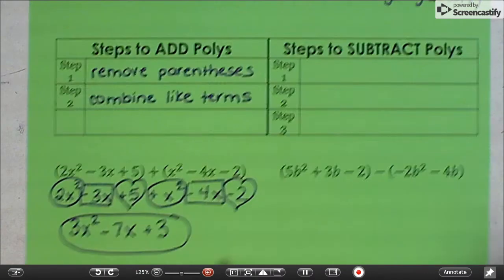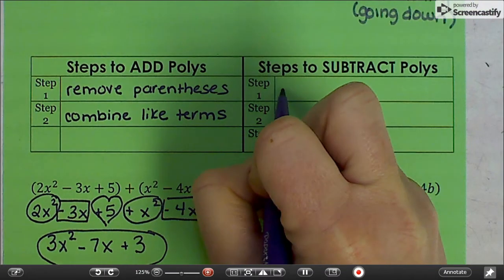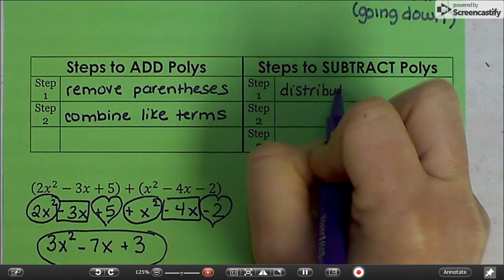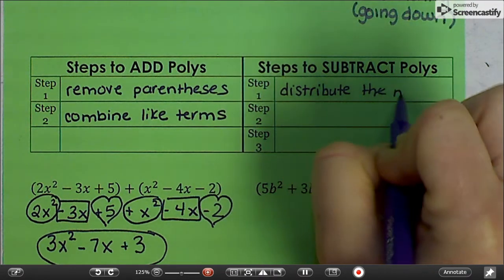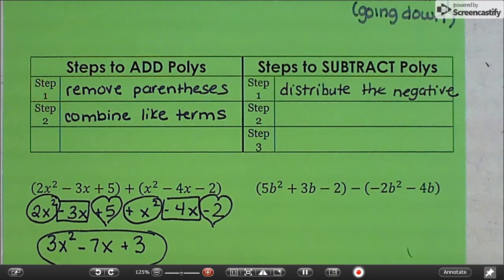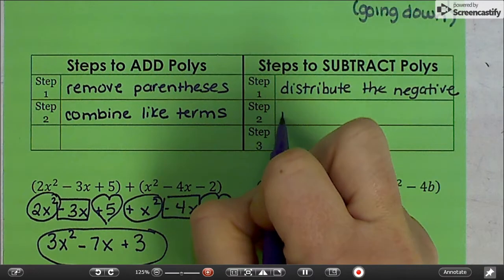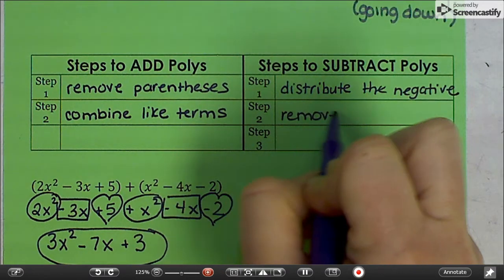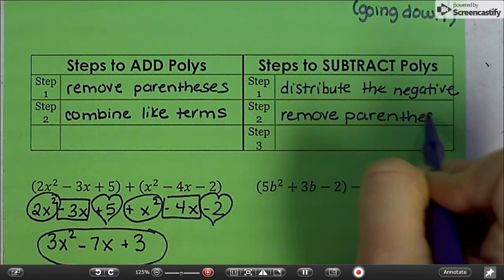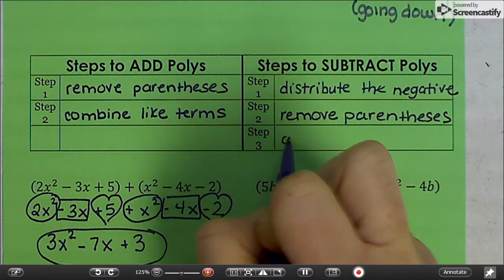To subtract polynomials, first you need to distribute the negative. And then remove parentheses. And last, combine like terms.